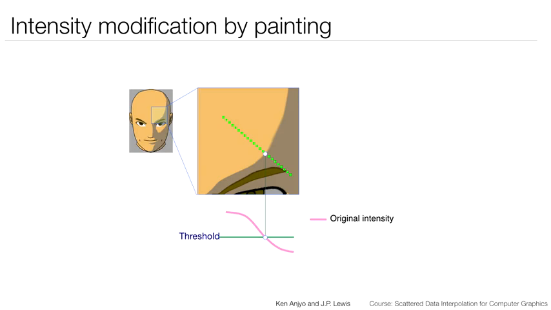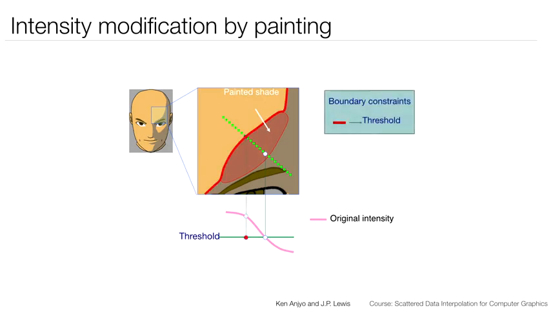So this is the original intensity. Then suppose that we give some paintings like this. Then the new area, the red or brown area, should be added as a new dark area. So this is a new boundary between the light and dark areas.